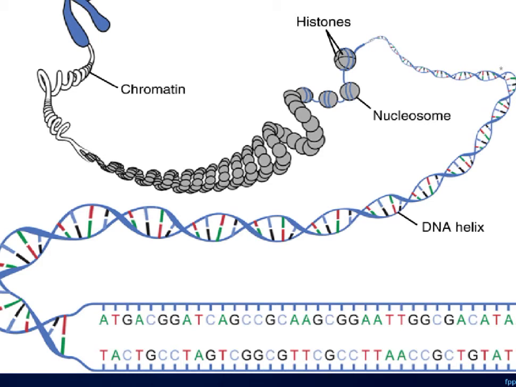So chromatin fibers make it possible for different types of processes happening inside the cell, such as replication of DNA, transcription, repairing of DNA, genetic recombination, and cell division. So these are the processes in which chromatin has a major role.